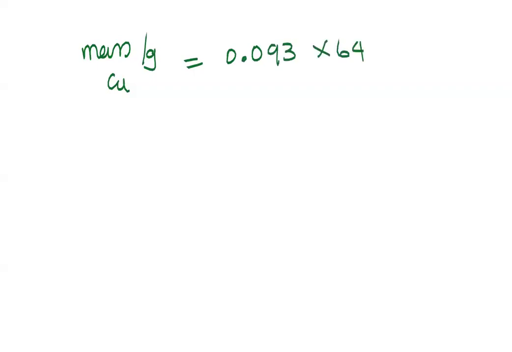Okay, so my mass of copper will be 0.093 by 64, which is what mass? What mass here? 5.952 grams or 5.95 grams.